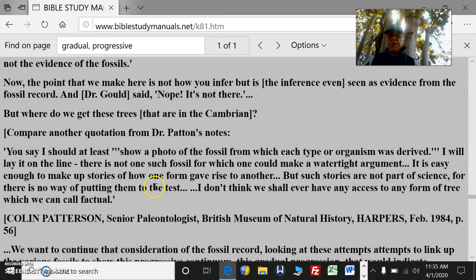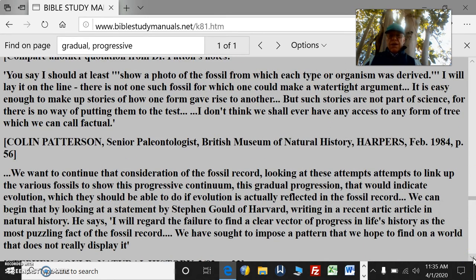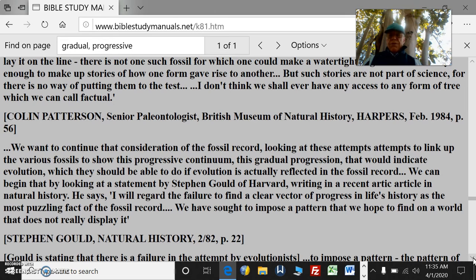It is easy enough to make up stories of how one form gave rise to another, but such stories are not part of science, for there is no way of putting them to the test. I don't think we shall ever have any access to any form of tree which we can call factual, evolutionary tree. We don't know what derived or evolved into the next, based on evidence, only fiction." Colin Patterson, Senior Paleontologist, British Museum of Natural History.